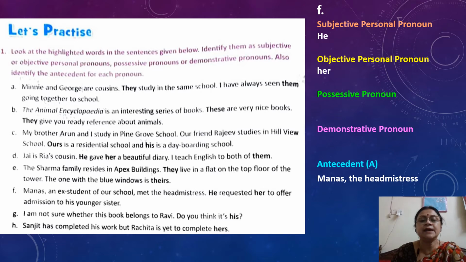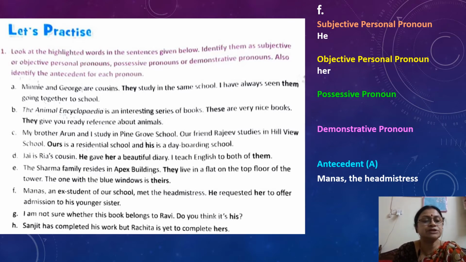See here, he is once again the subject in the sentence as well as the pronoun, so he is a subjective personal pronoun, whereas her is an objective personal pronoun, as her is the object in the sentence. And the antecedents for these two pronouns are: for he, Manas, and for her, the headmistress.